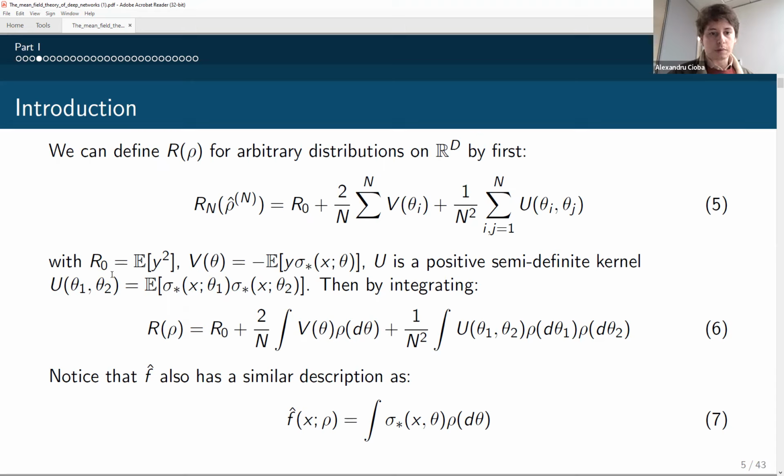If you substitute these values in, you just get back the risk from the original formula. And the idea is that now you would like to assume that these expectations are not taken over an empirical distribution and just write them as an honest integral over some distribution of the weights.